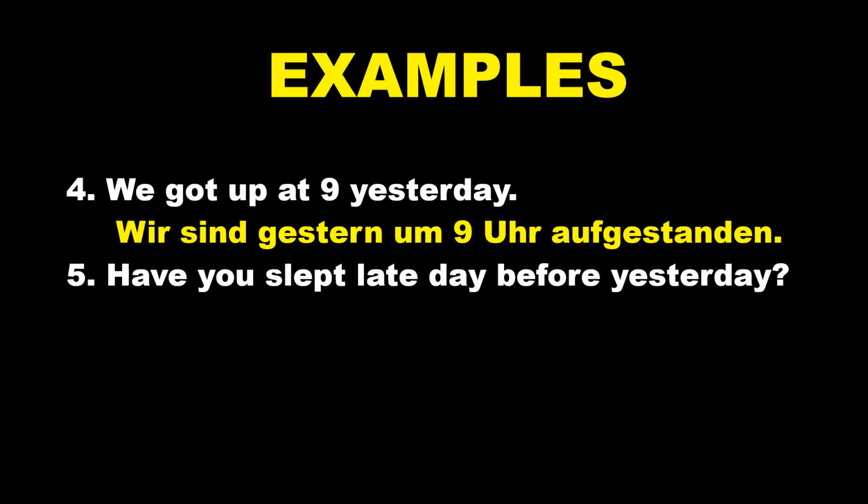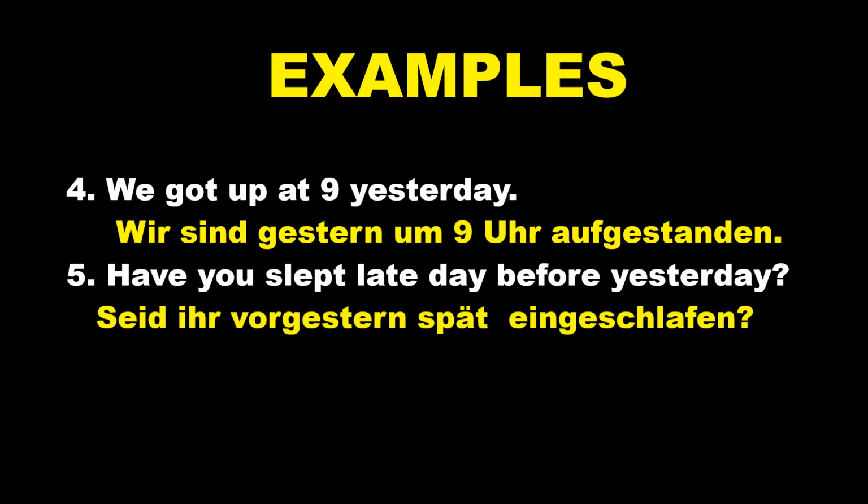Let's see one more example. Have you slept late the day before yesterday? Seid ihr vorgestern spät eingeschlafen? Seid is the conjugated form of the sein verb according to ihr.